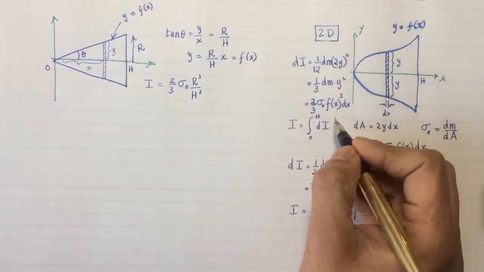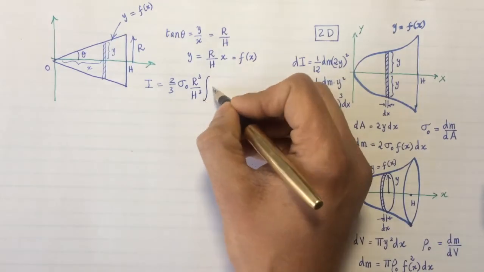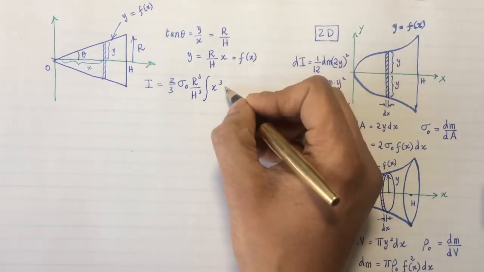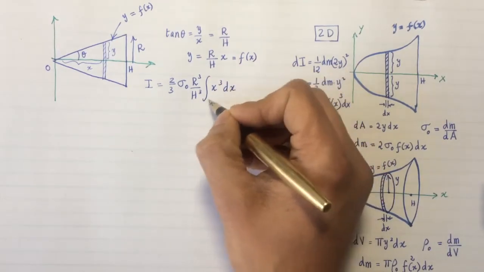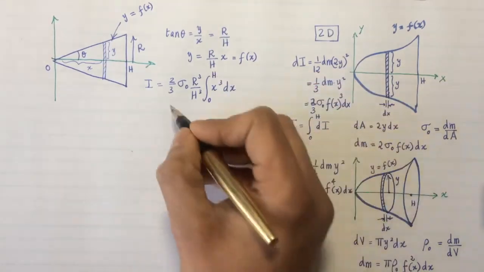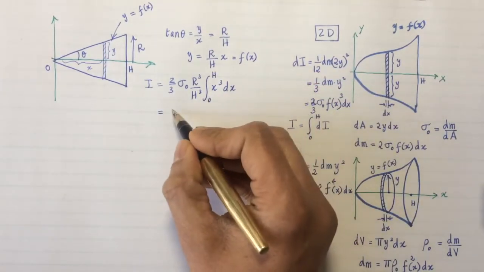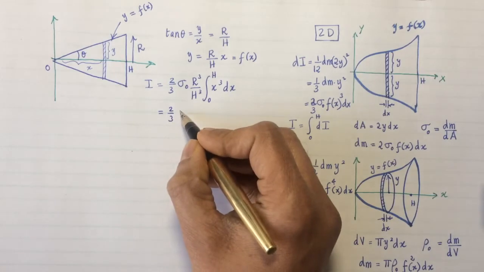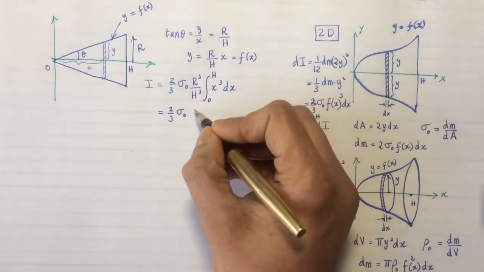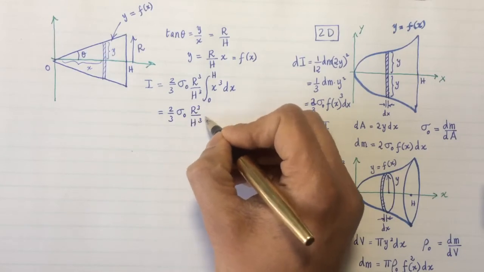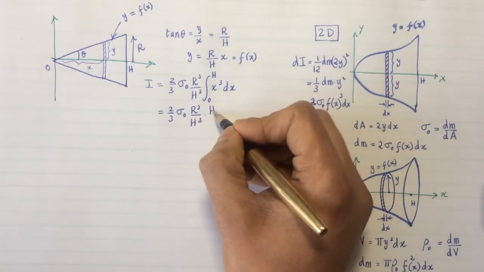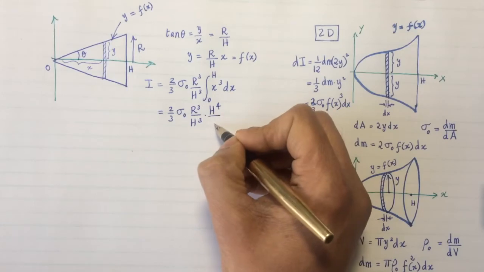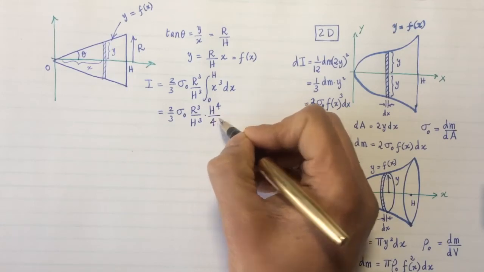And then I'm left with x cubed dx from 0 to h. So that's going to be 2/3 times sigma naught r cubed over h cubed times h to the 4 over 4 when I integrate.